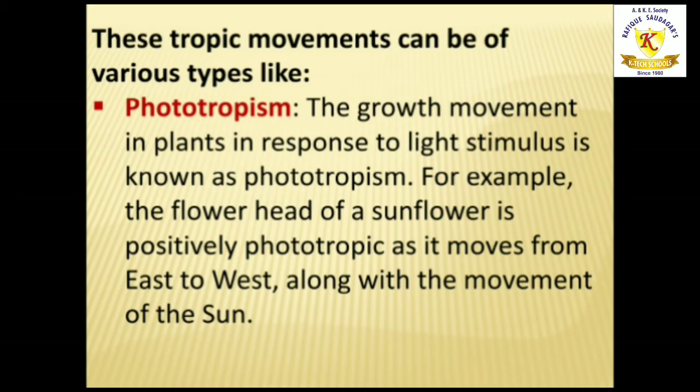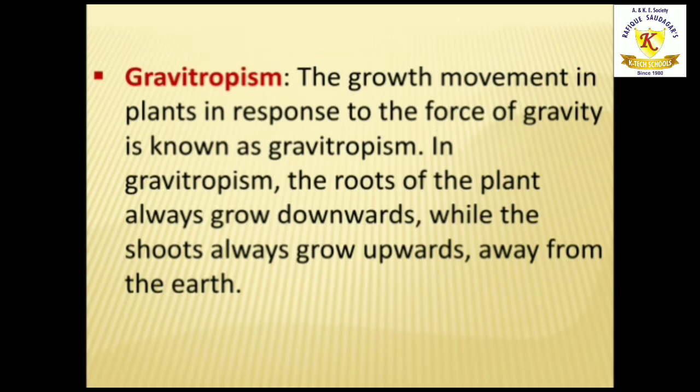You must have seen this, children. Second is gravitropism. The growth movement in plant in response to the force of gravity is known as gravitropism. In gravitropism, the roots of the plant always grow downwards while the shoot always grows upwards away from the earth.